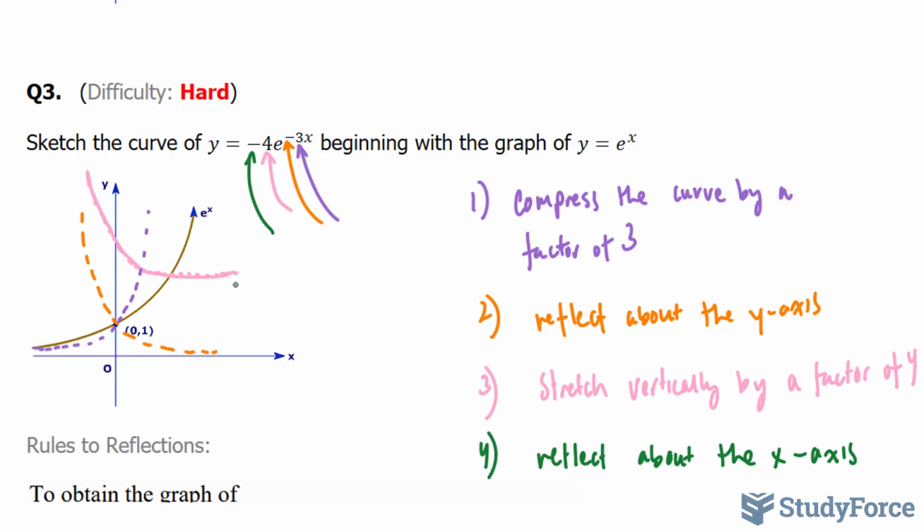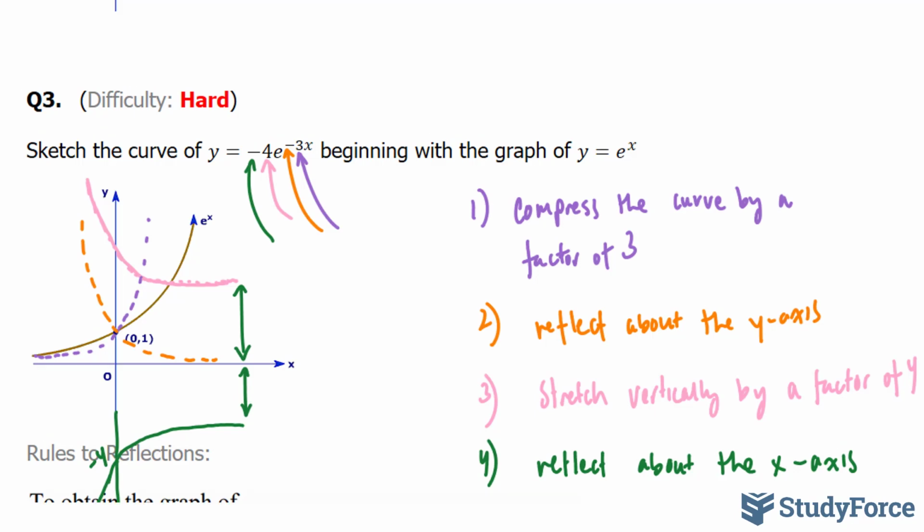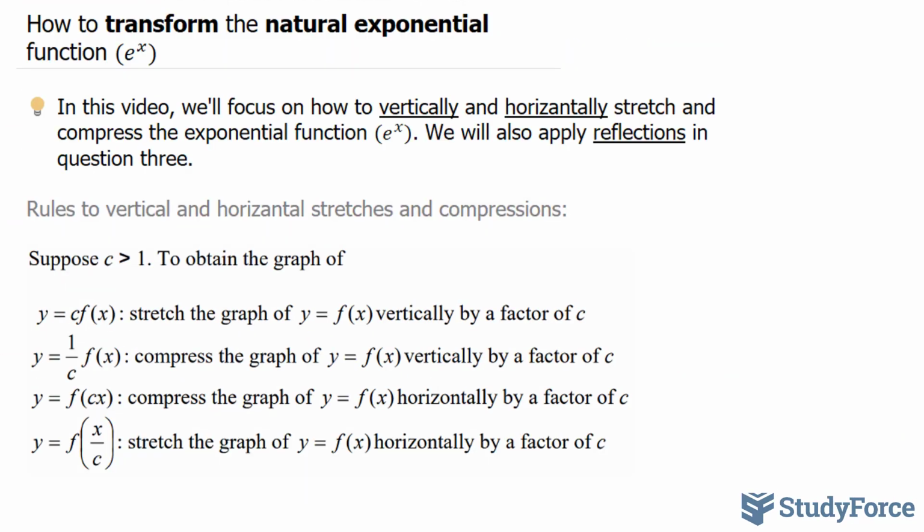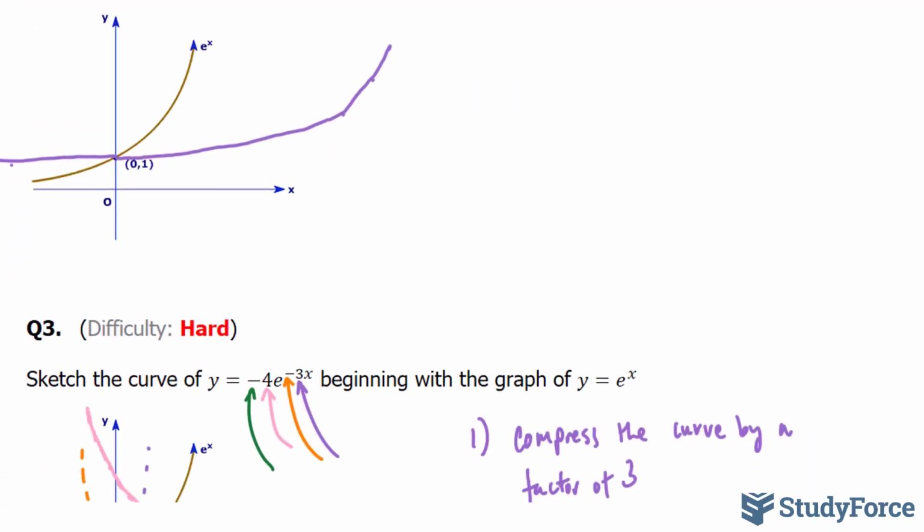So notice the distance from here to here. That distance needs to be replicated from here to here, and we end up with something that looks like this, and it will have to pass through -4 as well. And there you have it. That is how to perform transformations on the natural exponential function e to the power of x.